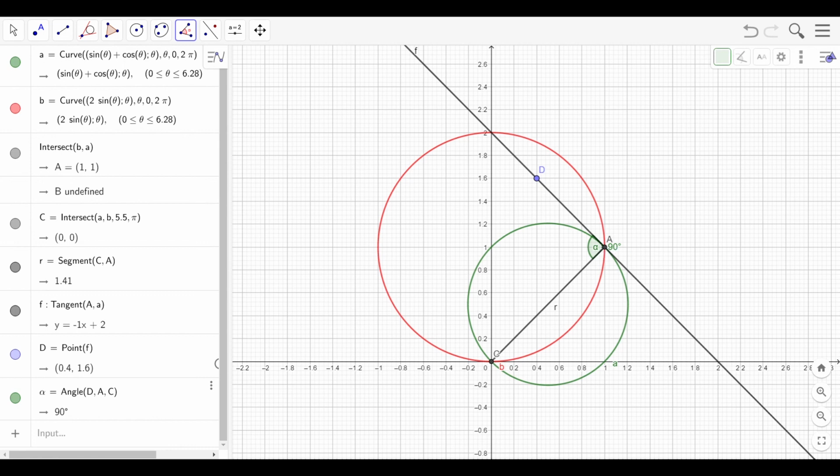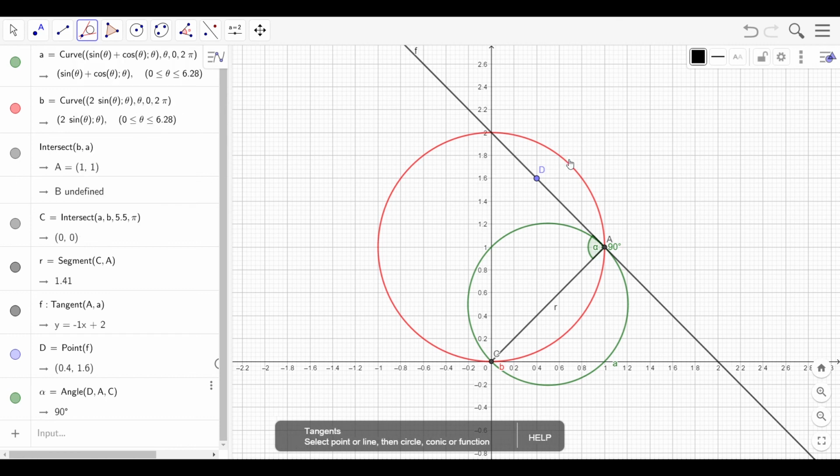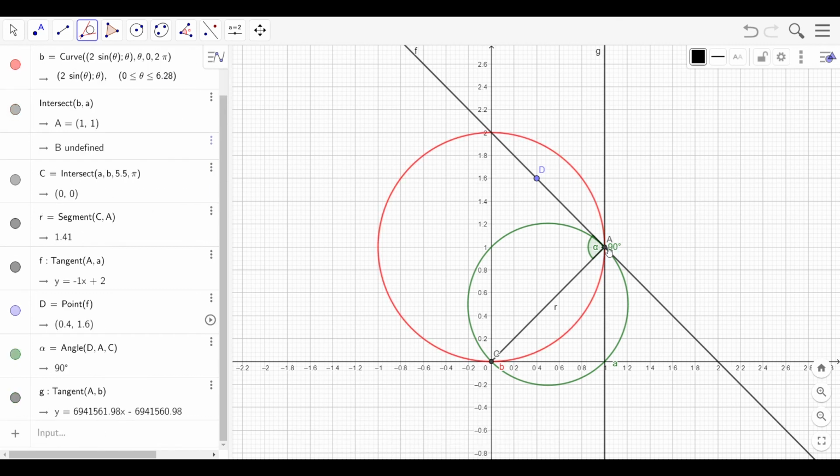Now you find the angle between the tangent and the radius vector at A to the second curve, 2 sin theta. Find the tangent to this curve at this point. You can see that this is the tangent. In that case, you have to find the angle between the tangent and the radius vector, so you extend the radius.